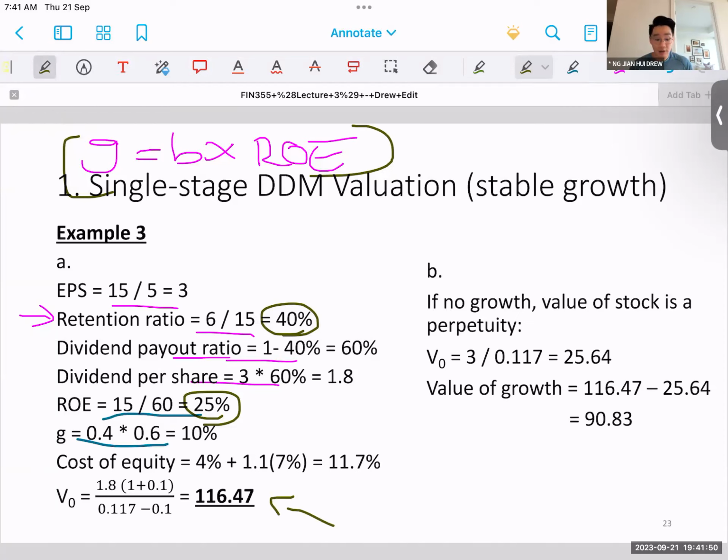And again, I want to remind you that your dividends per share, 1.8, is your D naught. So this is D naught, which means that you need to multiply by 1 plus g, right? It is usually this kind of question that trips you up in terms of this D naught, which is why I try to emphasize that. Make sure you know, is it a D naught or is it a D1?